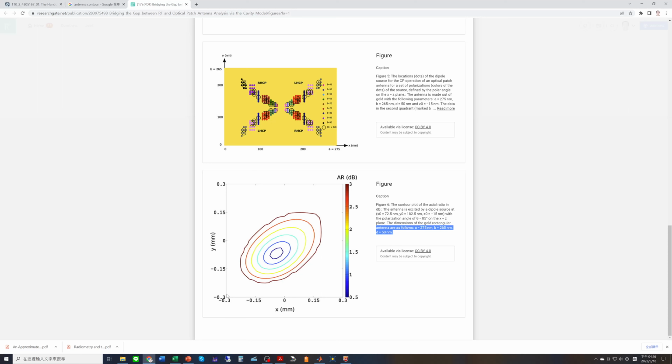The x-axis is x in millimeters, and the y-axis is y, also in millimeters.